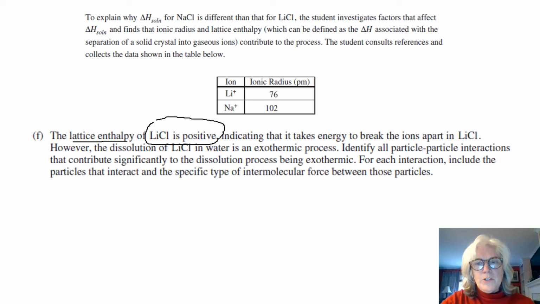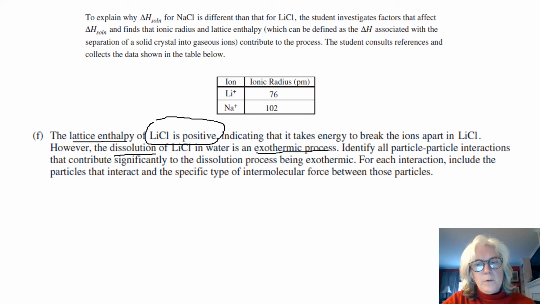So it takes energy to disassociate lithium and chloride. However, when I dissolve the ions in solution, it's an exothermic process. So they want you to identify all the particle-particle interactions that contribute significantly to the dissolution process being exothermic.